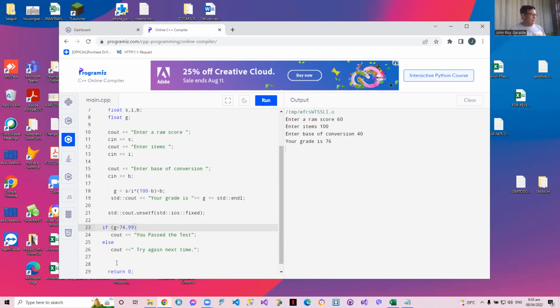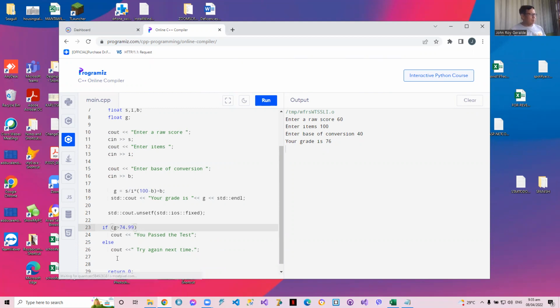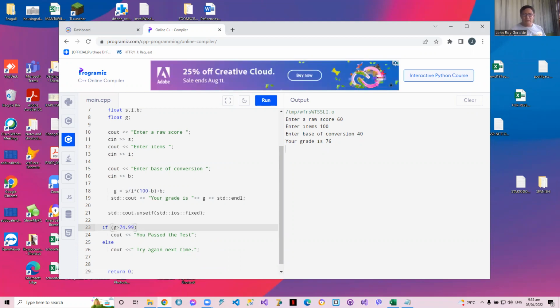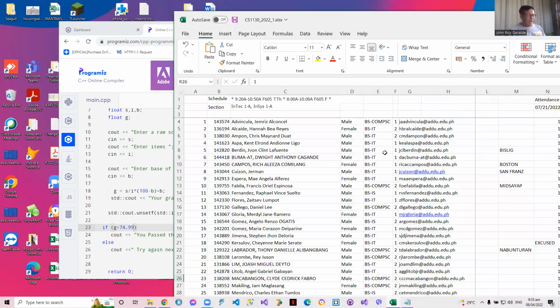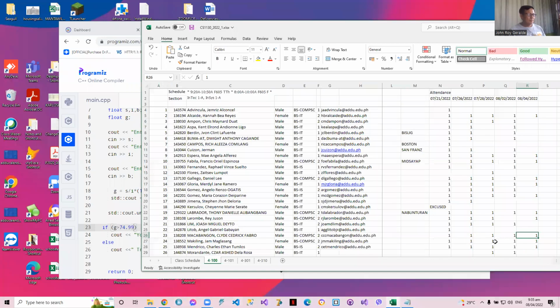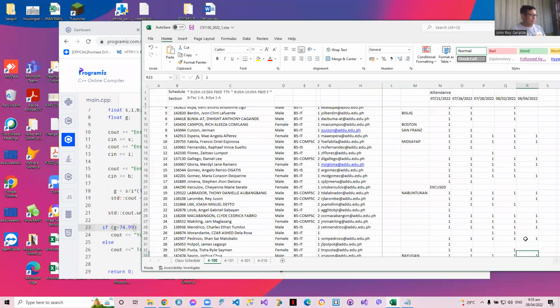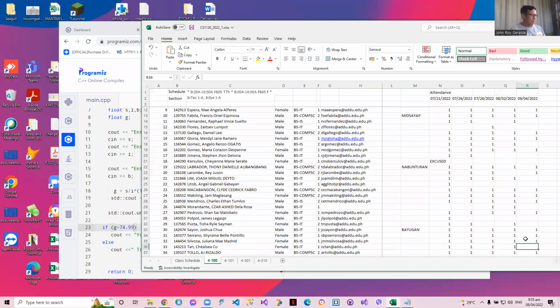So the if-then-else here is a branching application, which is usually common in most programs.